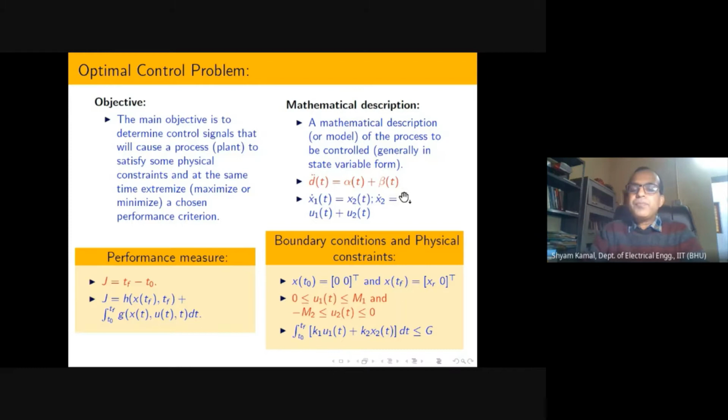Most of the time, when we model something using a higher order differential equation, the physical interpretation is very difficult. Suppose I have some quantity x(t), which in this case you can take as position. Then x dot is velocity and x double dot is acceleration, but what is x triple dot?